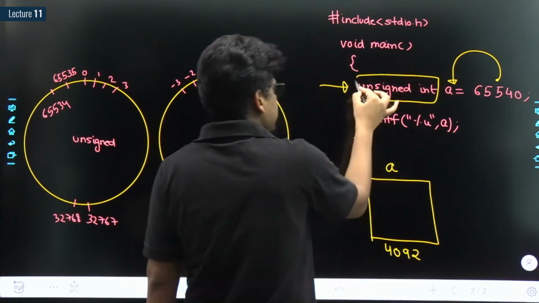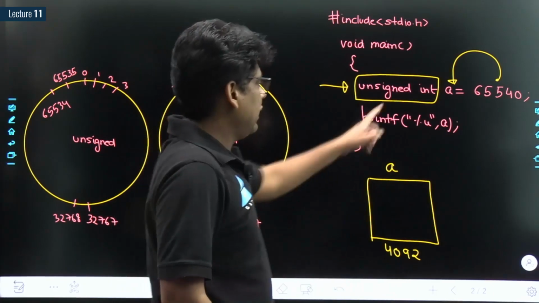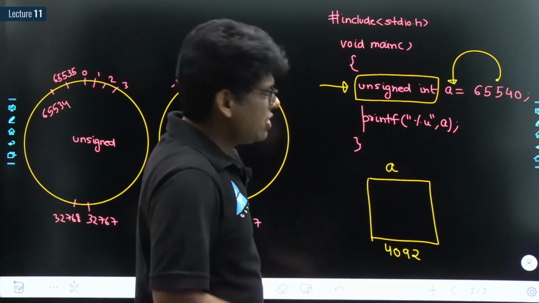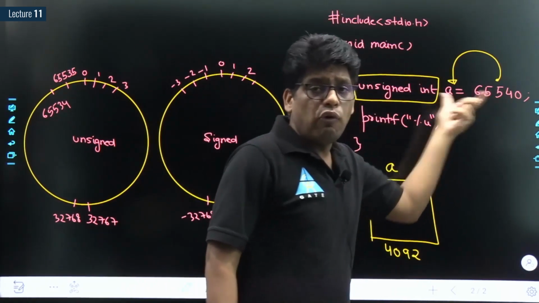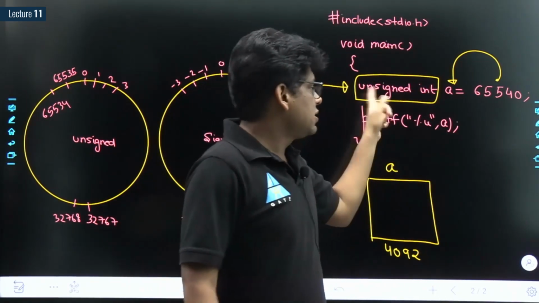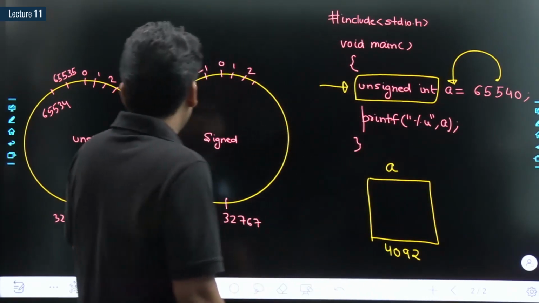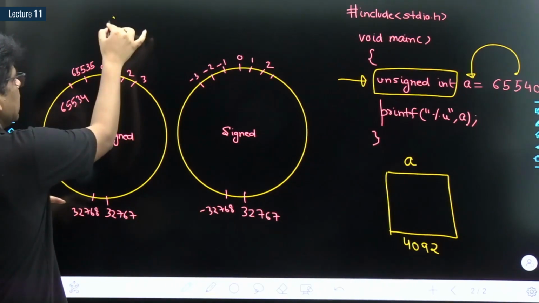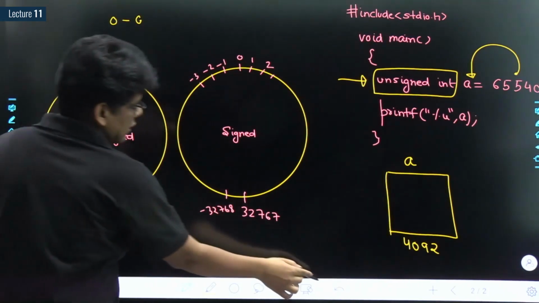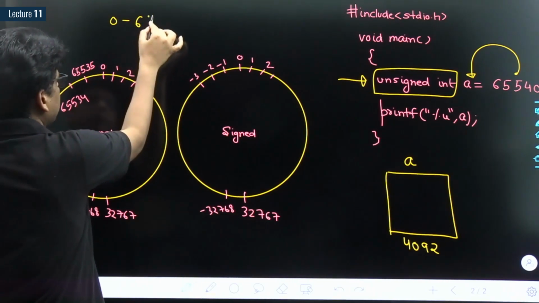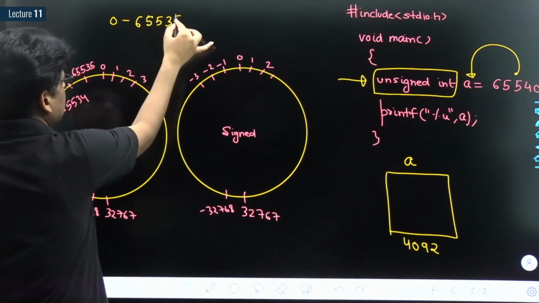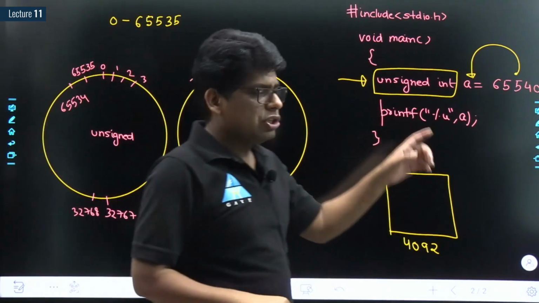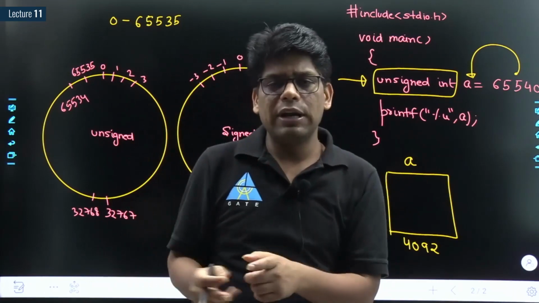We declared that the data type associated with a is unsigned int. Let me check whether this value falls in the range for unsigned integer or not. The range for unsigned integer of 2 bytes is 0 to 65535. That means 65540 does not fall in this particular range.